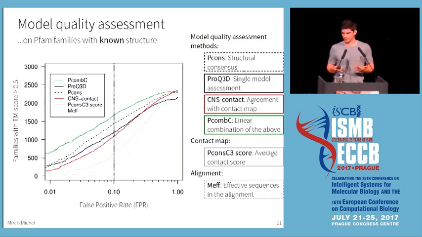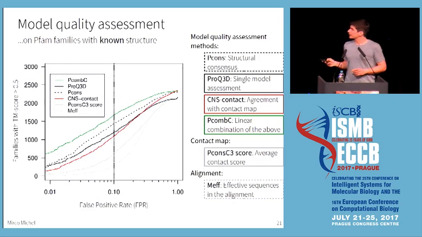It correlates very well with the precision of the predicted contacts against the contacts in the predicted structure. And for this project, we also developed a linear combination of these three, because we could see that we get even more families when using a combination of these methods.